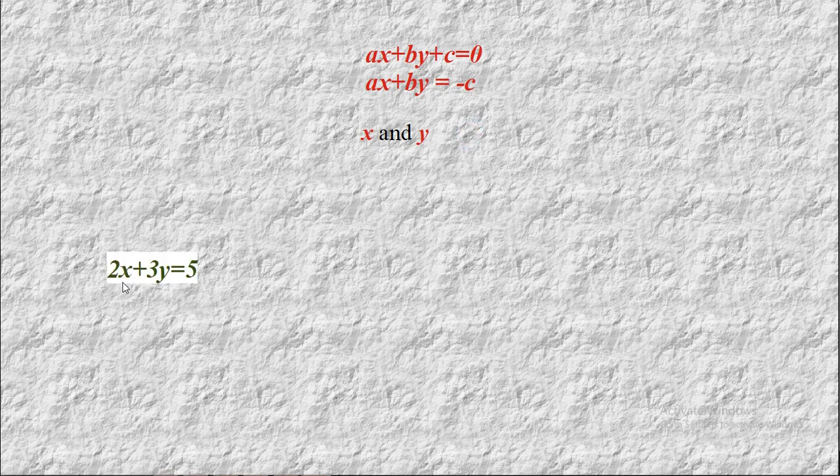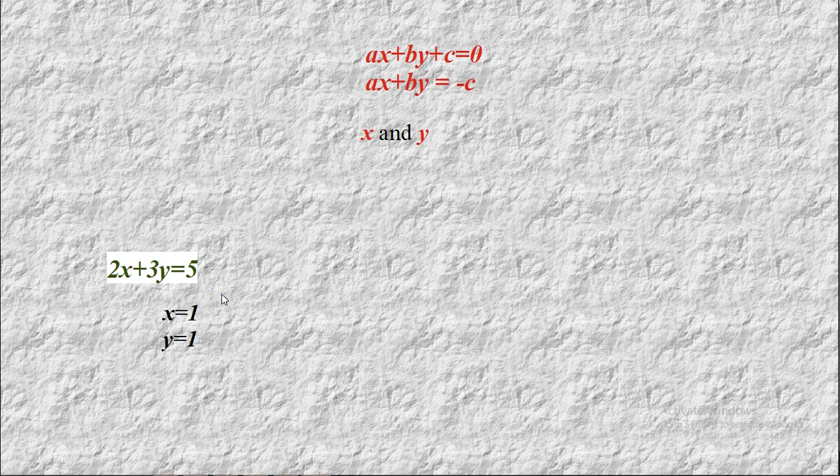This is a simple linear equation, 2x plus 3y equal to 5. We can see the left hand side of this equation is 2x plus 3y, and the right hand side of this equation is 5. Now we are going to give some values for these variables x and y. Let it be x equal to 1 and y equal to 1.